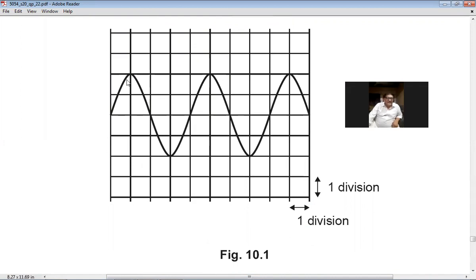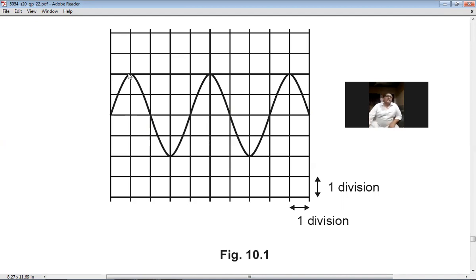You can clearly see that the trace is going 2 squares up from the mean position. Each square represents 3 volt. There are 2 squares, so the maximum amplitude is 6 volt.